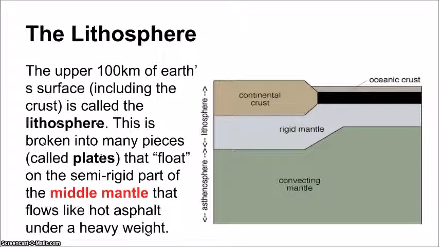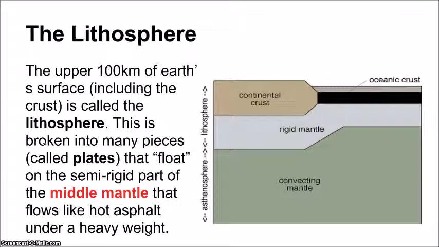The second line represents the bottom of the lithosphere. And I'm going to talk about the lithosphere here in a minute. Now I mentioned the lithosphere here in the diagram, and the lithosphere is the upper part of the mantle and the crust, or the upper rigid part of the mantle and the crust.